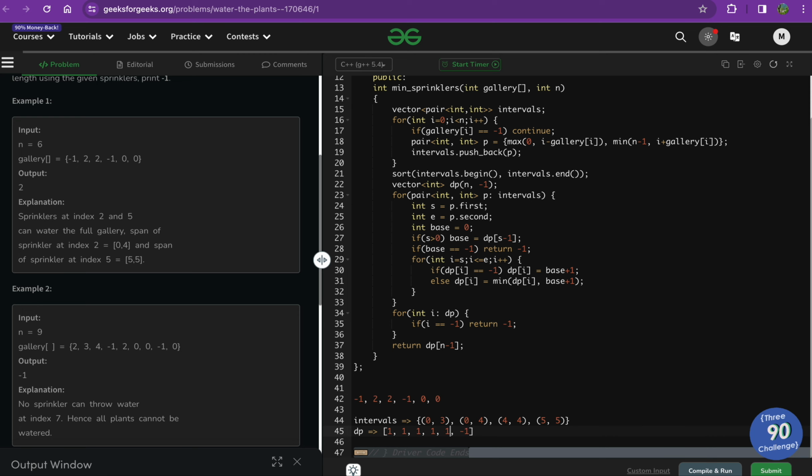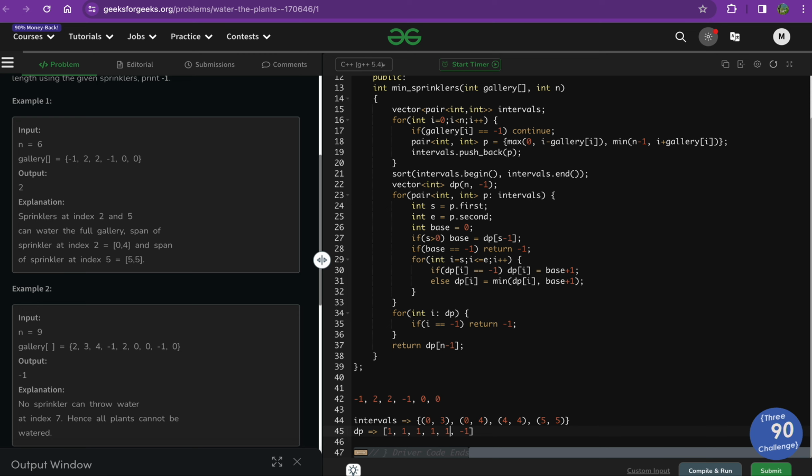From 4 to 4, if we need to include this 4, 4, we see that till 3, 1 sprinkler is used. From 4 I can choose the minimum of 1 or 1 plus 1. So the minimum is 1 only, and at this position 1 is there.